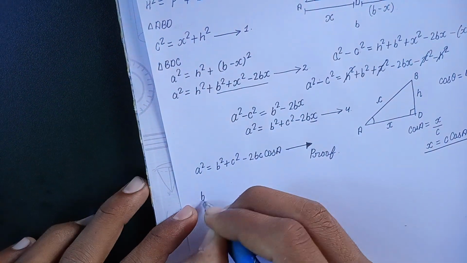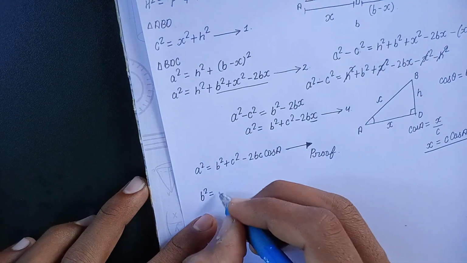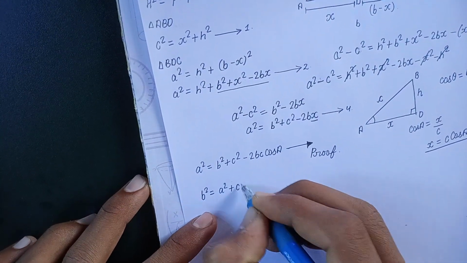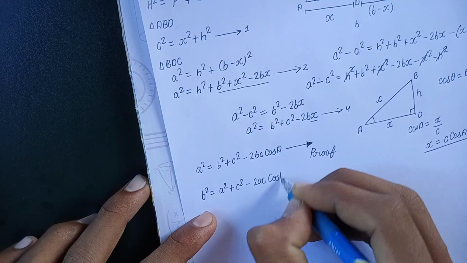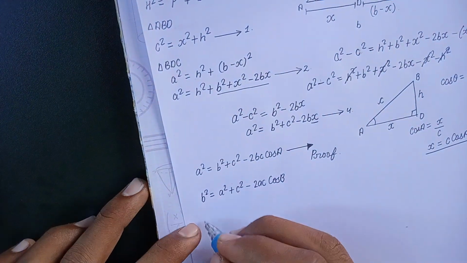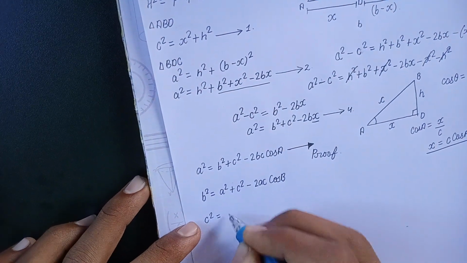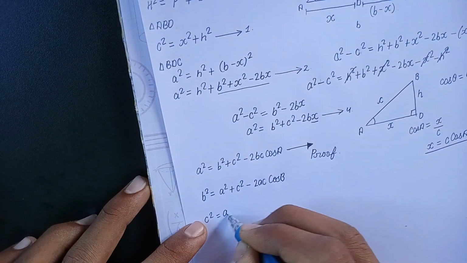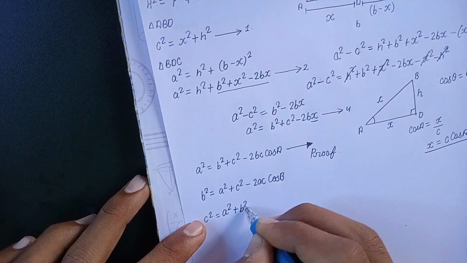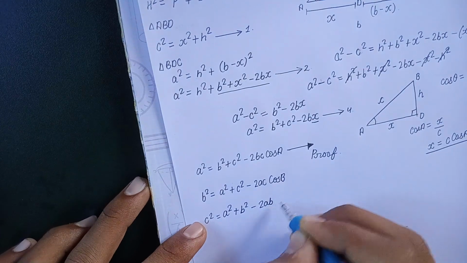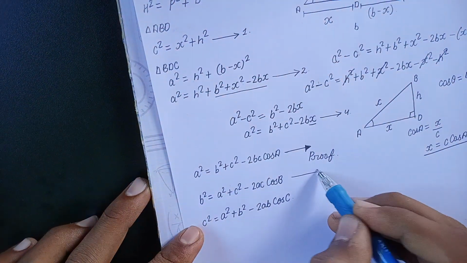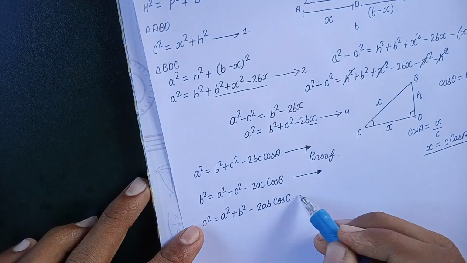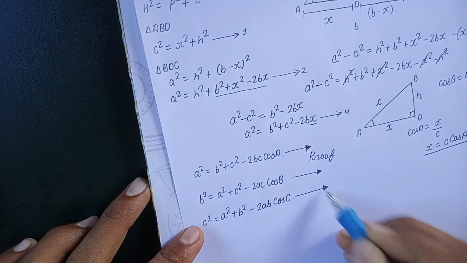We also get b square equals a square plus c square minus 2ac cos B, and next c square equals a square plus b square minus 2ab cos of angle C. So mainly we have these three formulas from the proof of the cosine rule.